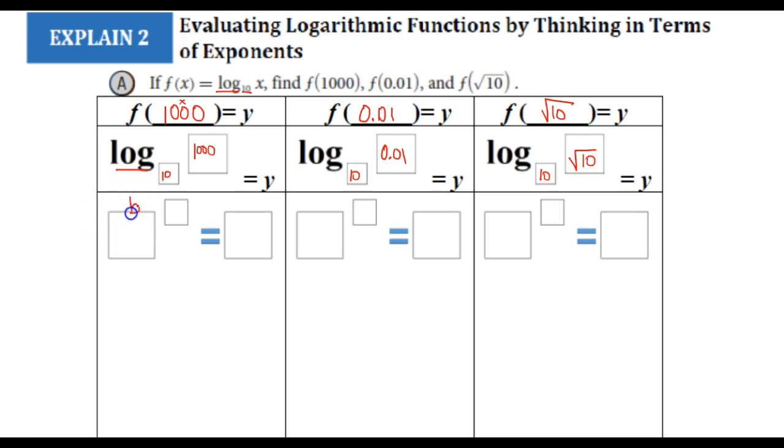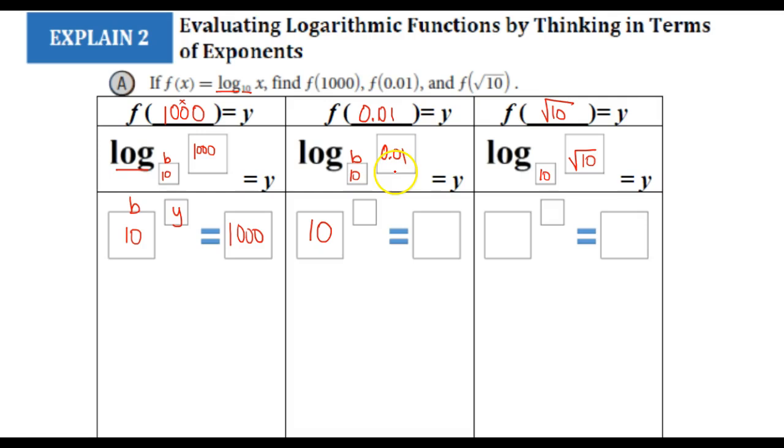Remember, b, our base, is going to stay the same. But you'll notice that these two values will switch places. So my base was 10, that was y, and 1000. Here my b, my base value is 10.